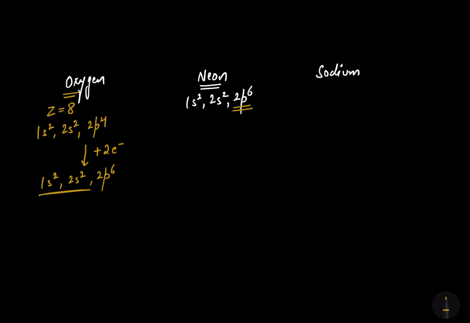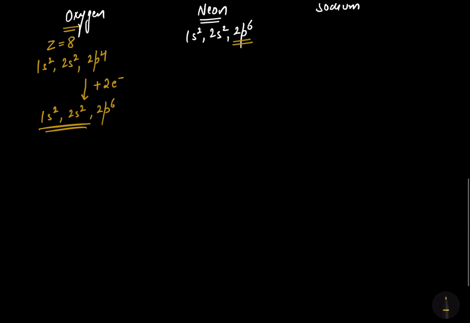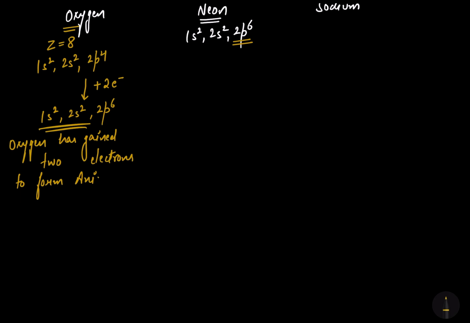Here oxygen has gained 2 electrons to form an anion, that is oxygen with 2 negative charge.